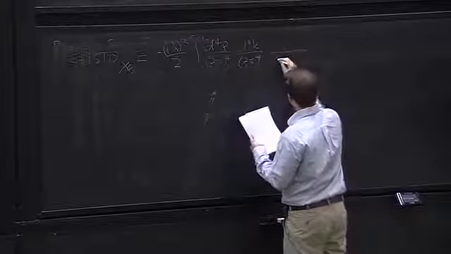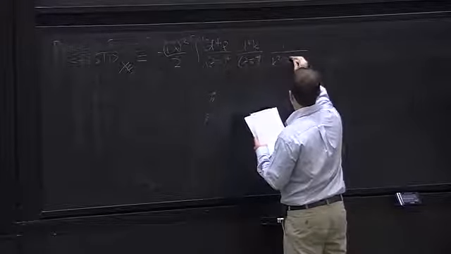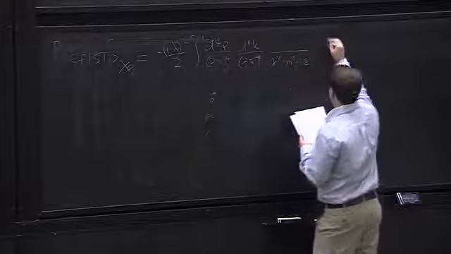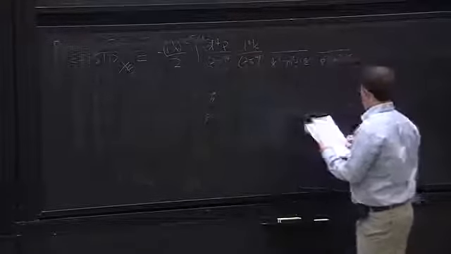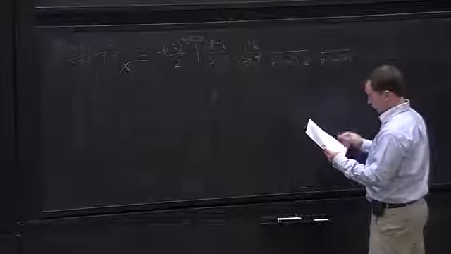We have the momentum space versions of the Feynman propagators. And then we've got two deltas.